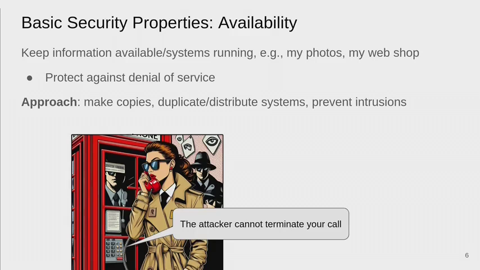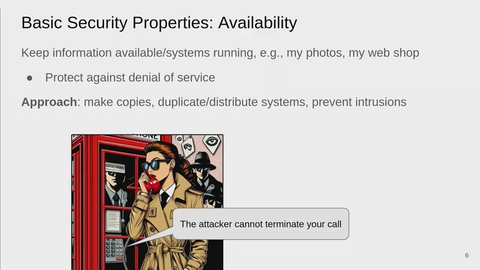The attacker could push you over and just hang up the phone. The attacker could destroy the phone in one way or another, right? Just like banging it up or making sure that you can no longer use it. The attacker could cut the connection at the phone booth itself. Or the attacker could destroy the relay system that relays the phone calls.